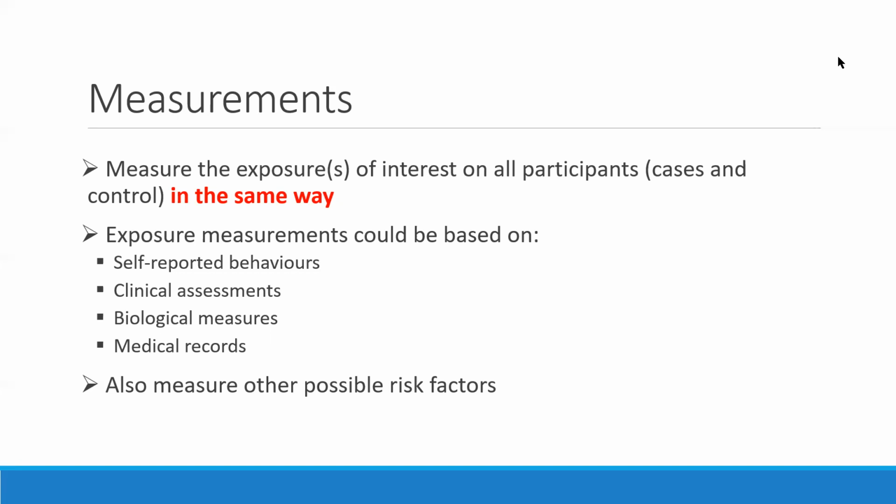That's why having several people working on a study, having standardized tools, it's really, really important. You cannot have a case control study when in one branch you measure the exposure using medical records, and in the other one you just ask people, for example. It needs to be standardized.